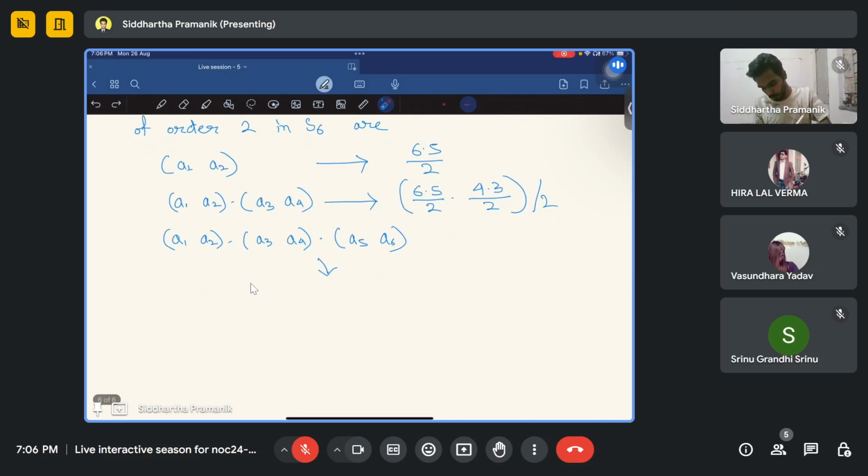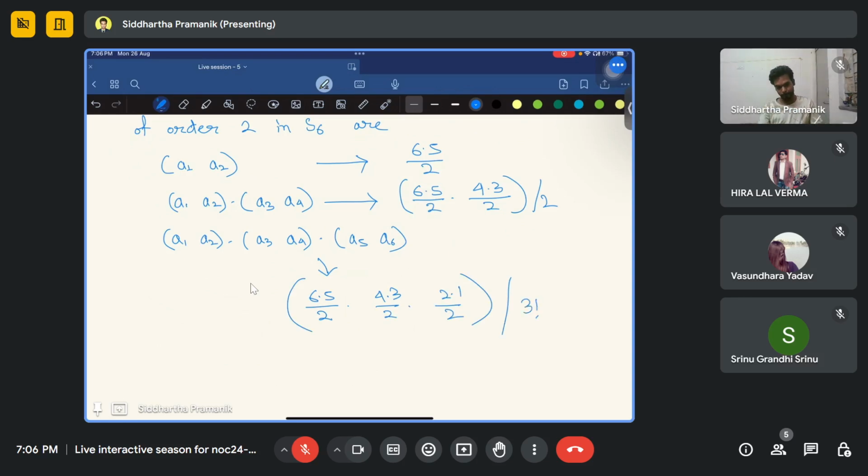We can permute these cycles in 3 factorial ways, and all of those products are the same, so we need to divide by that. So it should be 6 times 5 by 2, 4 times 3 by 2, 2 times 1 by 2, whole divided by 3 factorial. Is it okay?